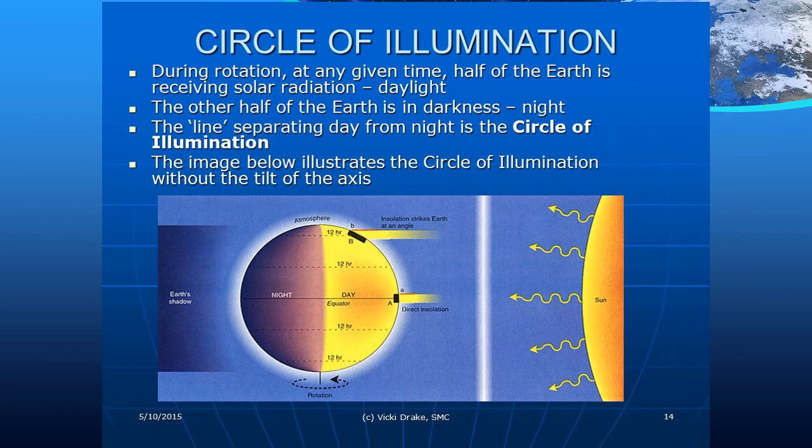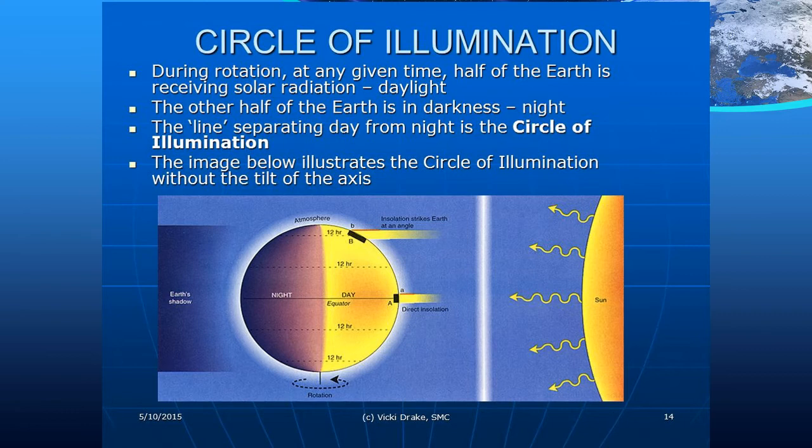Now students, when we see these diagrams, we have all seen the region which is in light and the region which is in darkness. The line which divides this, half of the earth receives solar radiation, daylight, and the other half receives darkness or night. The line which is separating day from night is the circle of illumination.